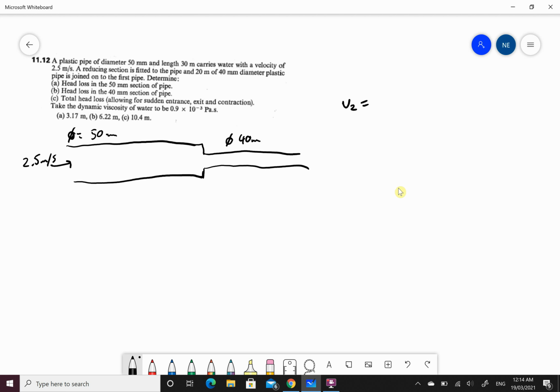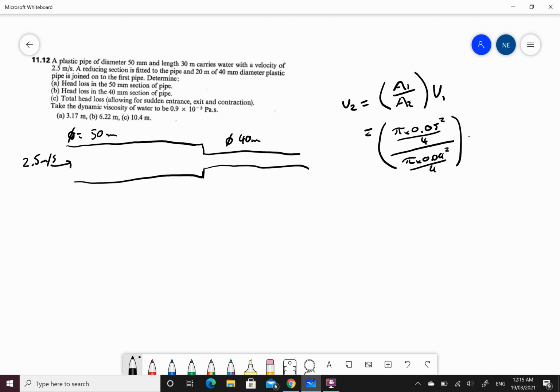V2 is equal to A1 on A2 by V1, equals pi by 0.05 squared over 4, all divided by the second pipe, times V1, which is 2.5 meters per second.